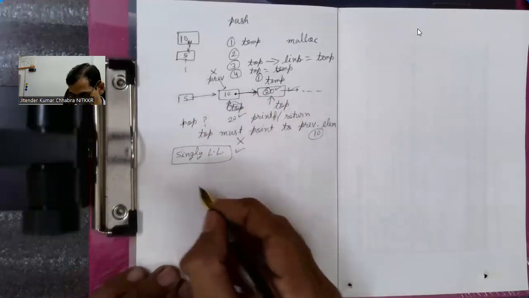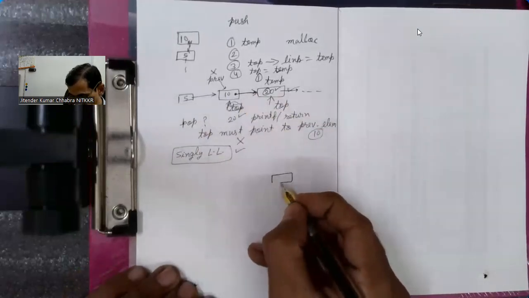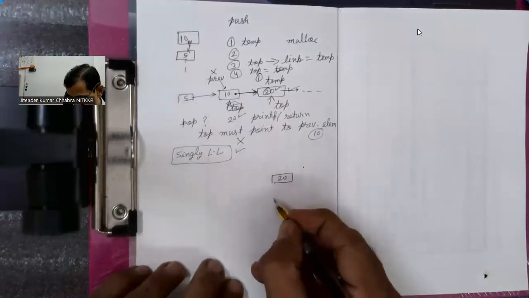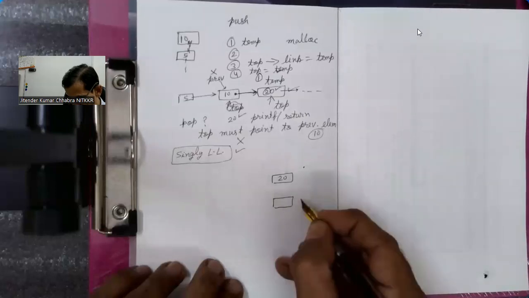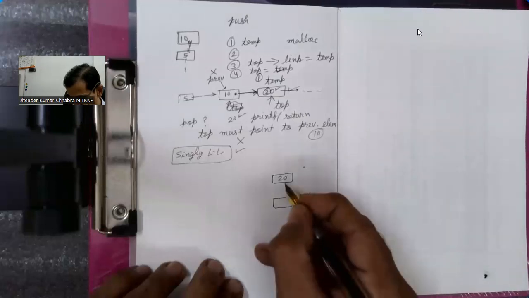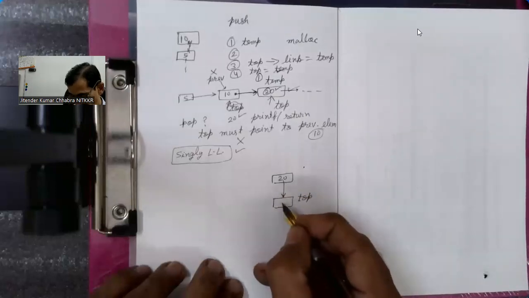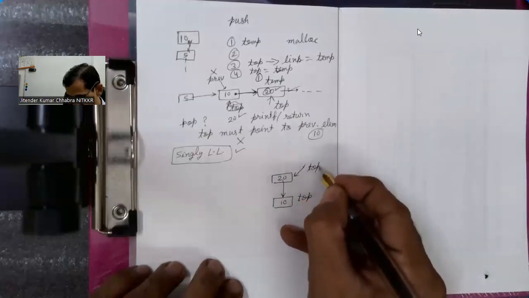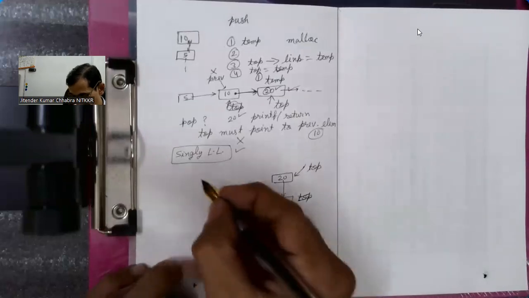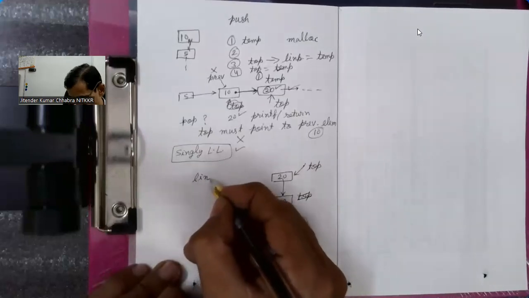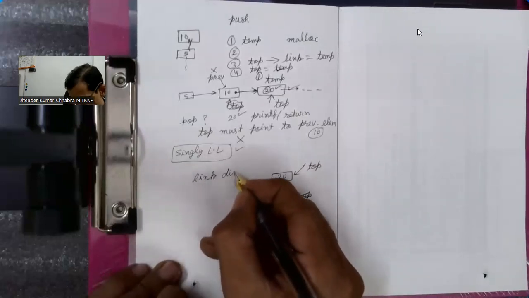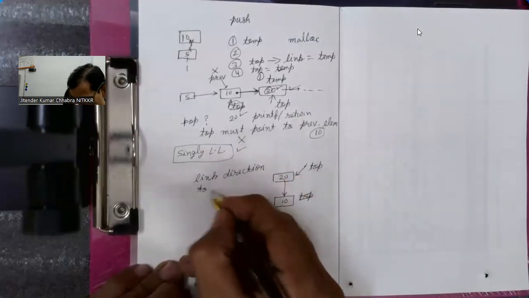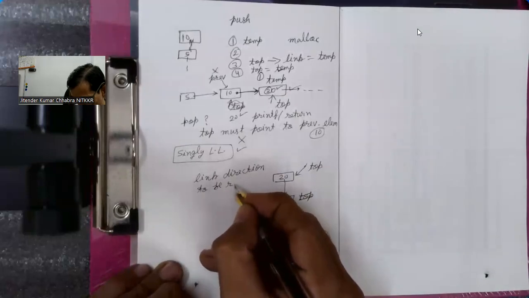That effectively means when I added 20, the addition to the previous top should be done in a way that you link it like this, and then you bring your top here. So if you reverse the link direction, it will solve the whole problem.